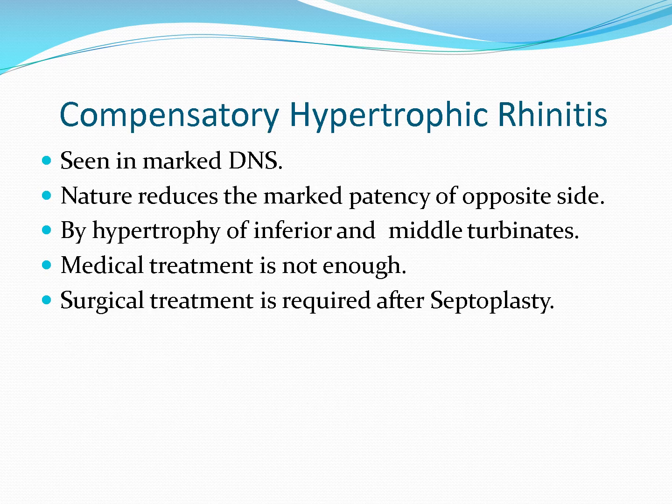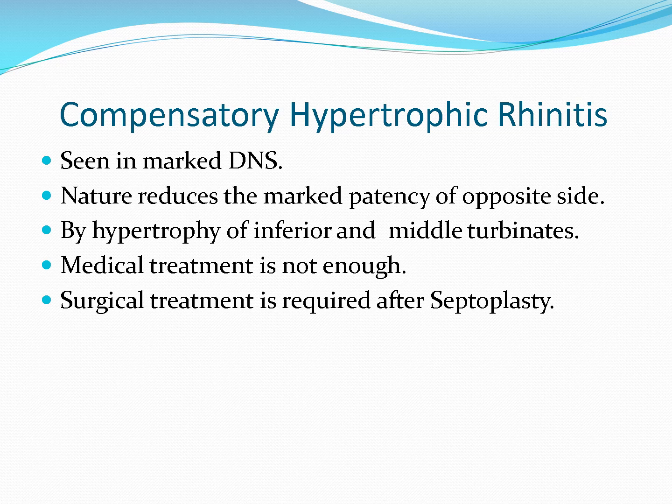Compensatory hypertrophic rhinitis is usually seen in marked DNS. Nature reduces the patency of the opposite side by causing hypertrophy of the turbinate.